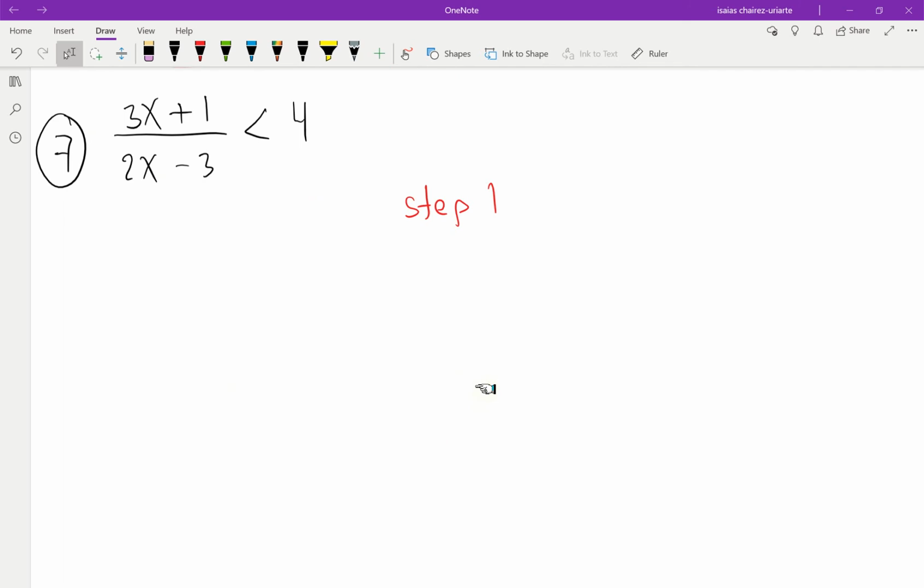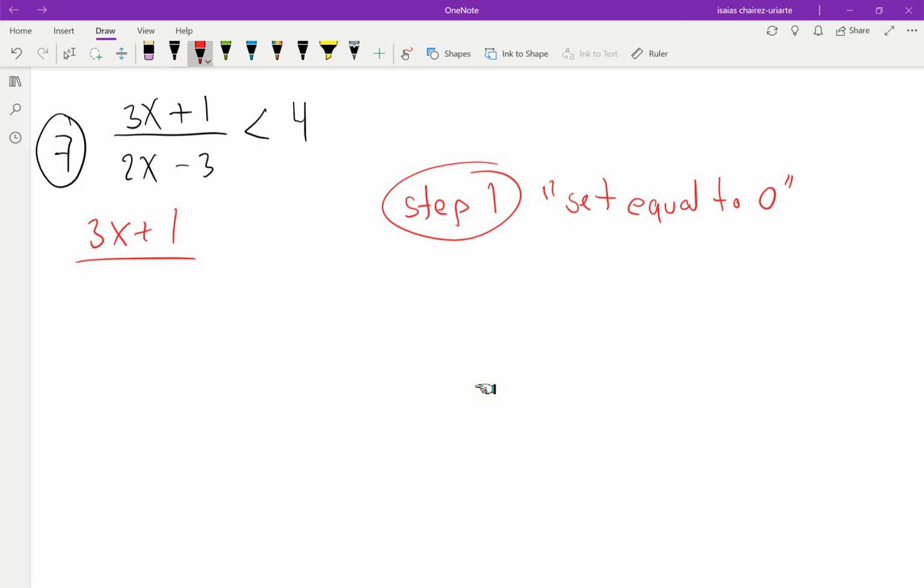Step 1 consists of setting equal to 0, we said, and some arithmetic. We're going to have to find a common denominator and make a single fraction. Set equal to 0. Okay, so let's do that. So that means I need to subtract a 4. So (3x plus 1) over (2x minus 3) minus 4 is less than 0.